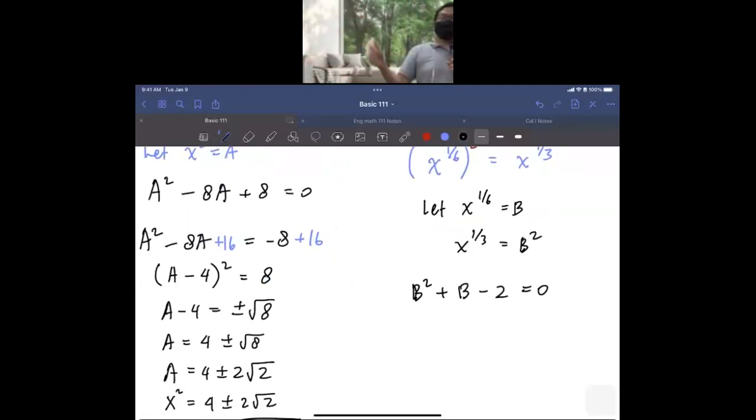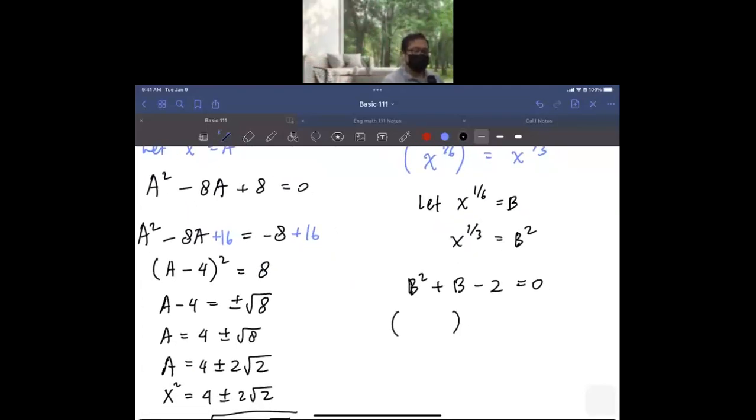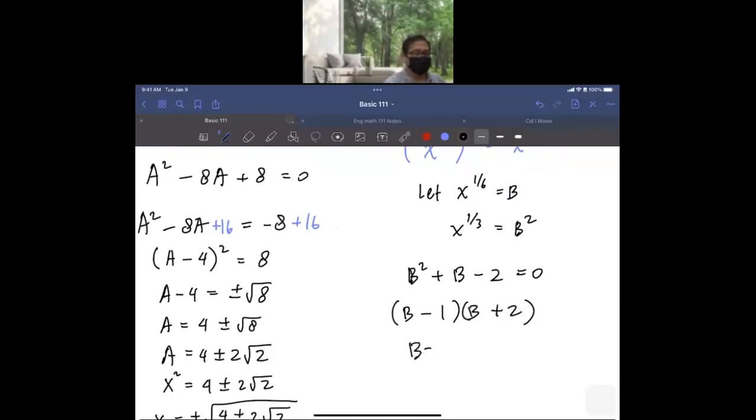I think we can factor it. 2, 1. This is b, and then -1 and +2, to make the product. So we are going to have b equal 1 or b equal -2.